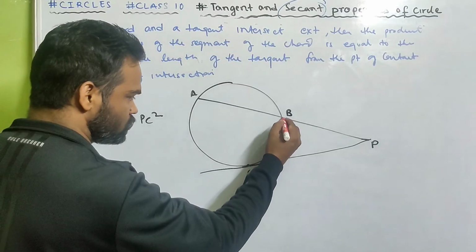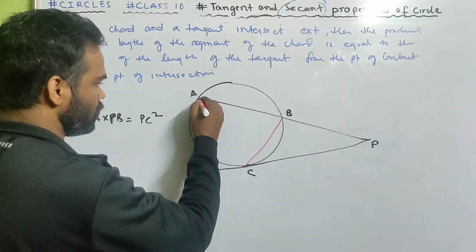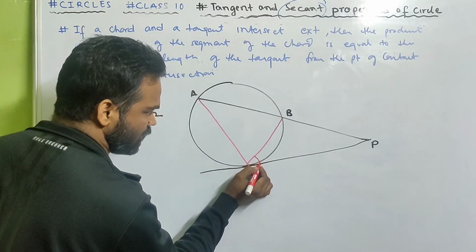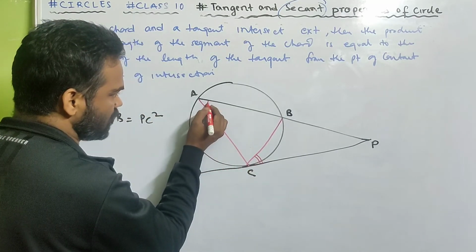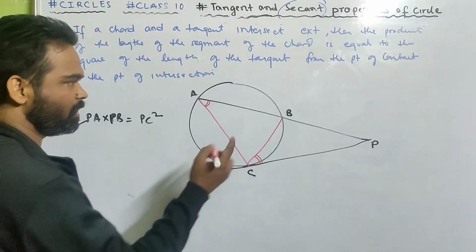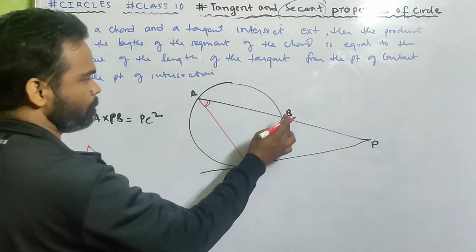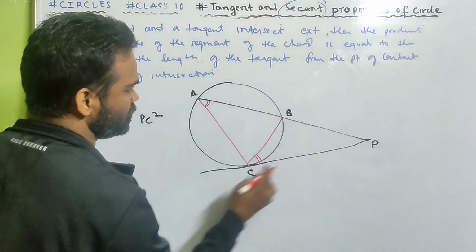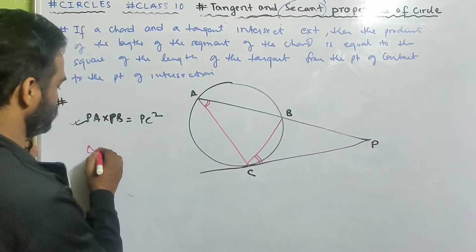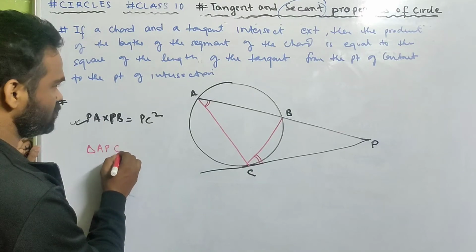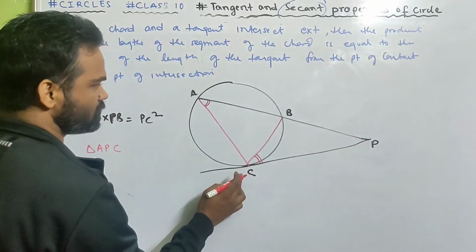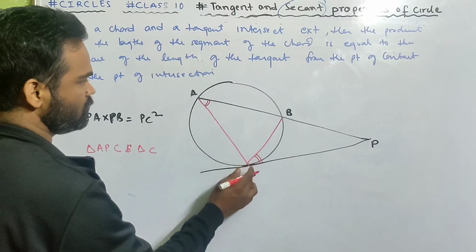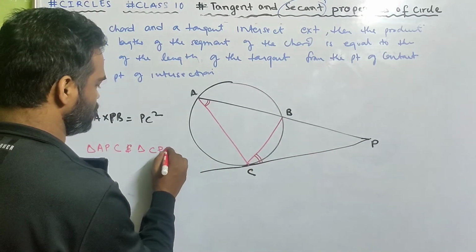Very easy. Just join this and join this. First thing, this angle, which we just did, and this angle are equal, angle in alternate segment. Look at triangle APC and look at triangle CPB.